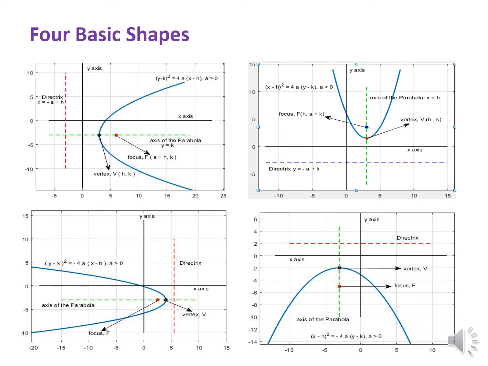So in total we have 4 basic shapes of parabola: the parabola opens to the right, the parabola opens upward, the parabola opens to the left, or the parabola opens downward. The direction of the arms of the parabola actually depends on the focus.